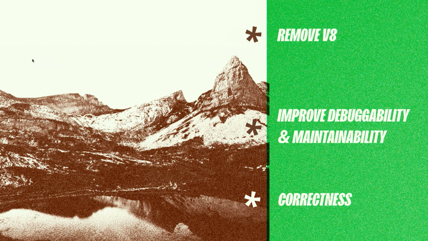But effectively, the other two was to really make sure that the system we have is debuggable and maintainable by us, and that we do this right. And if we do this right, kind of the first 2 points come a lot easier. And so I'll talk to you a little bit about how we went about getting this right.